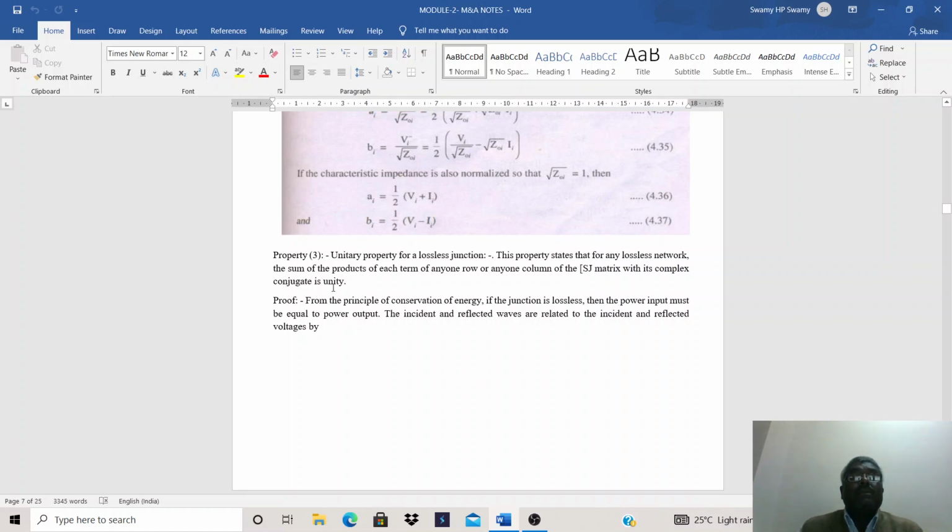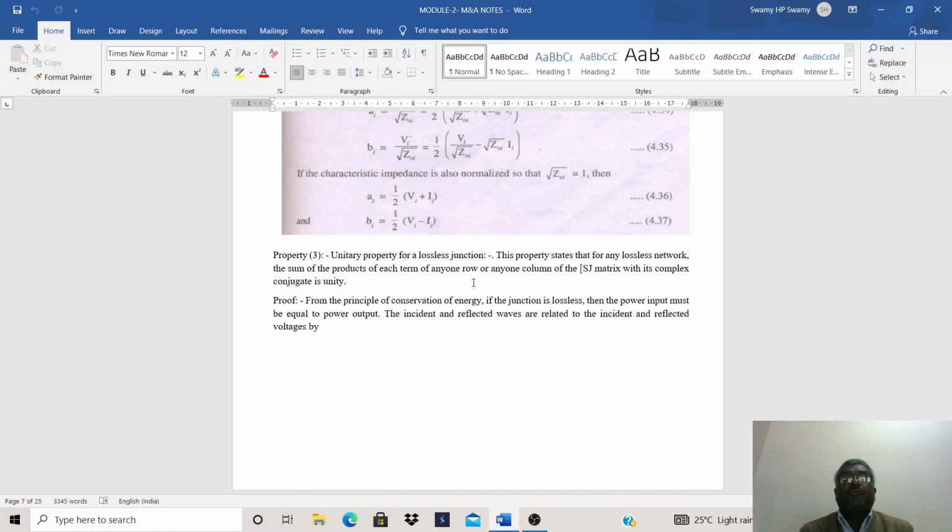Property 3, the unitary property for a lossless junction.